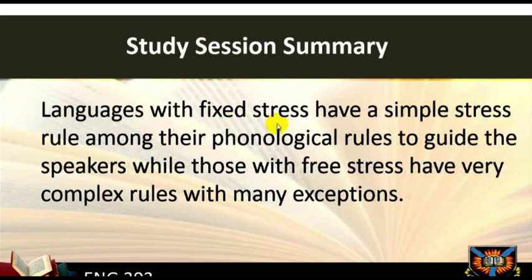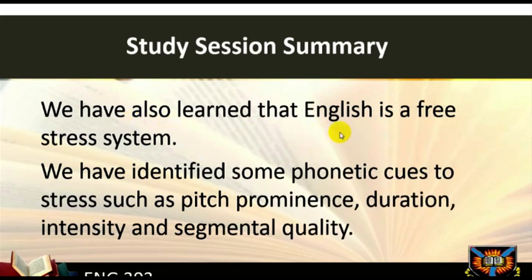Languages with fixed stress have a simple stress rule among their phonological rules to guide the speakers, while those with free stress have very complex rules with many exceptions. We have also learned that English is a free stress system. We have identified some phonetic clues to stress, such as pitch prominence, duration, intensity, and segmental quality.